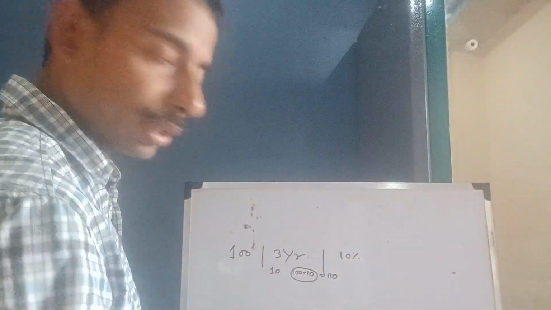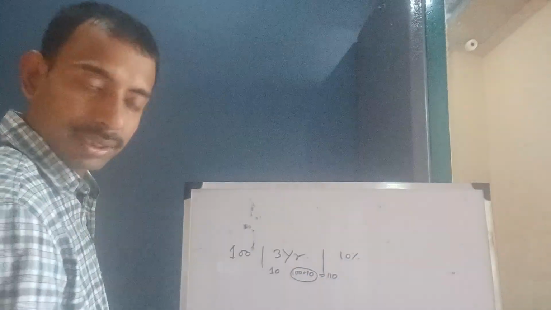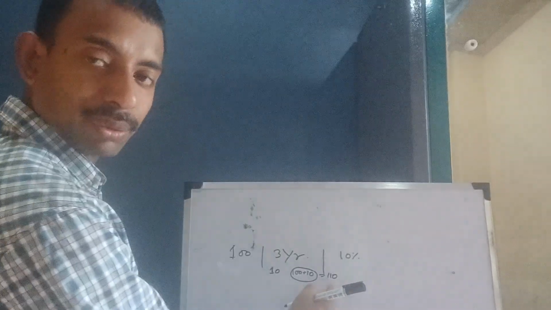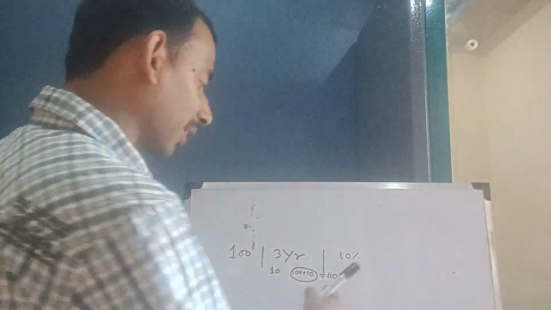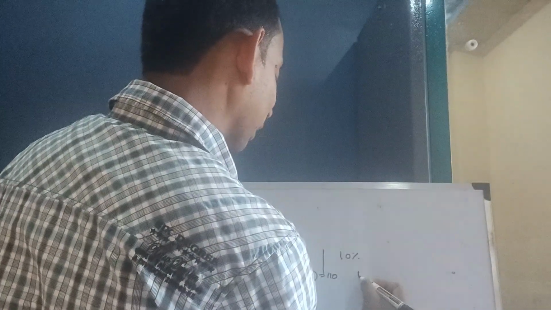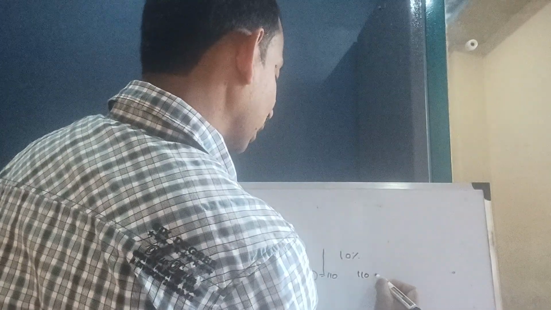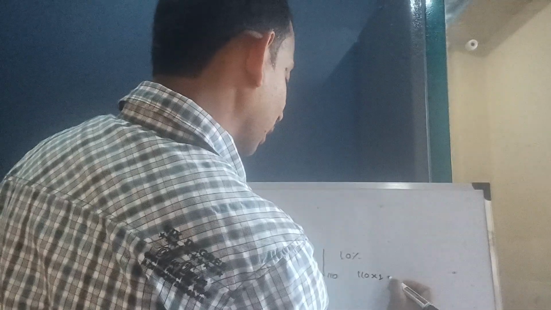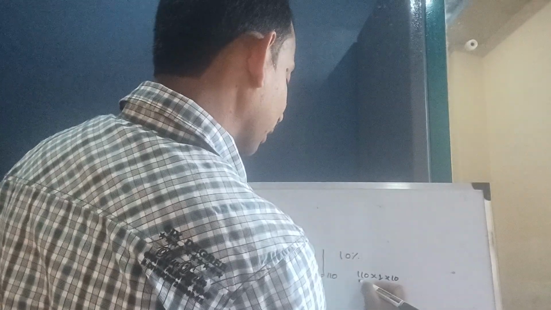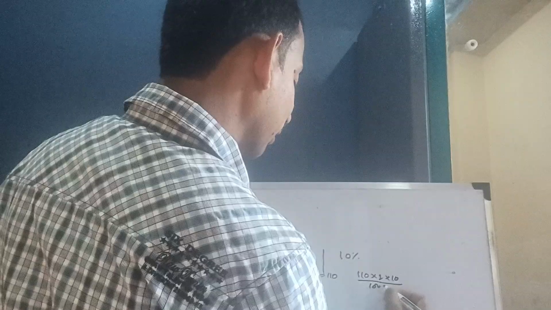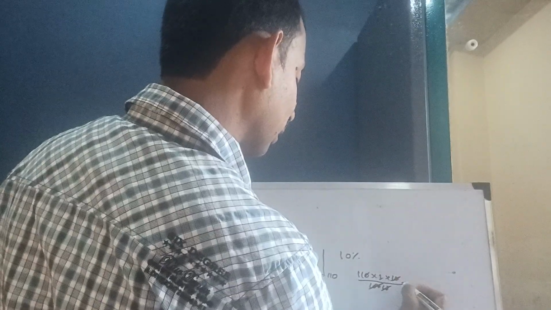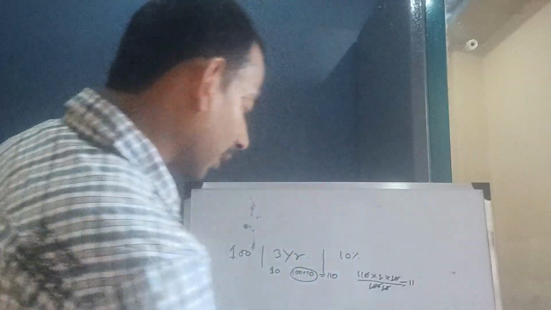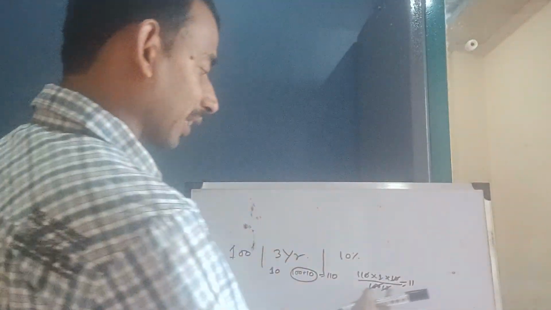Now you have to calculate, assuming the principal 110. So after 1 year you would get interest, that is principal 110 into time period 1 year into rate of interest 10 by 100, that is after 1 year you would get interest of 11 rupees.